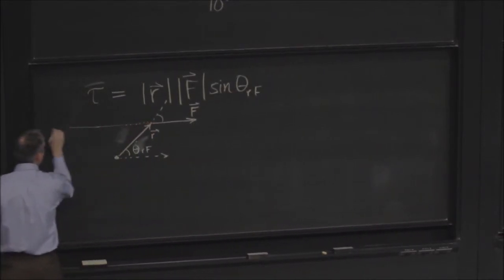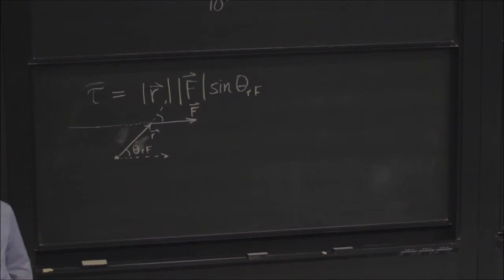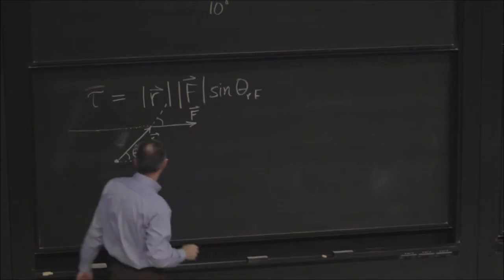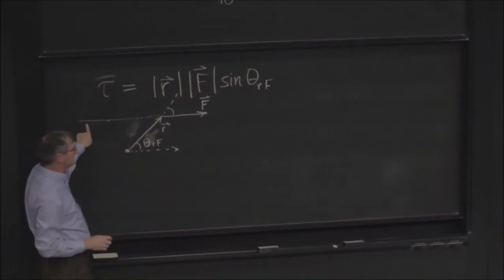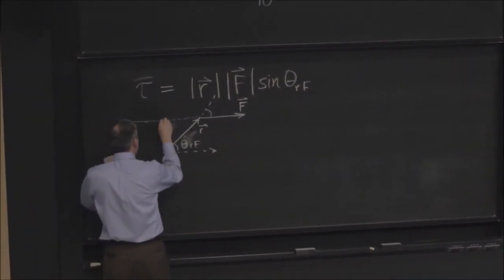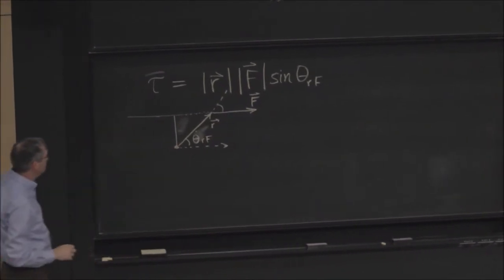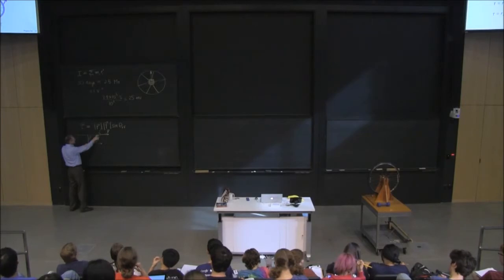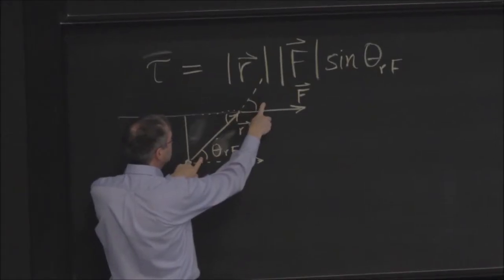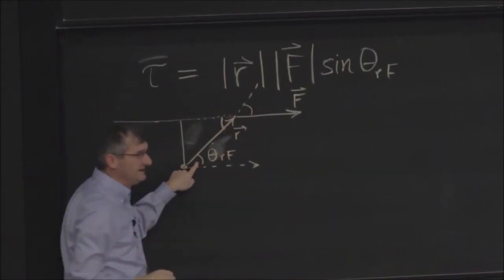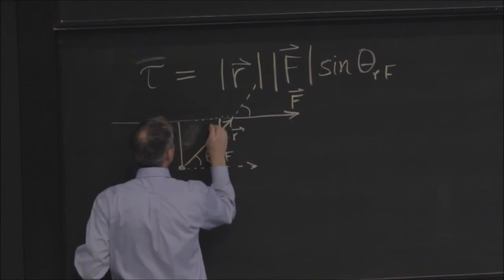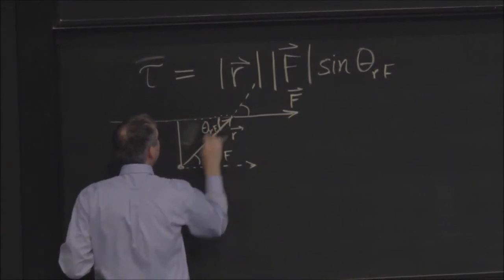Okay, but the line of action of the force F, just the line that includes that vector, might look this way. And I want to persuade you that if this is the angle between the two, as is shown here, by the alternate interior angles are congruent, this is theta RF.